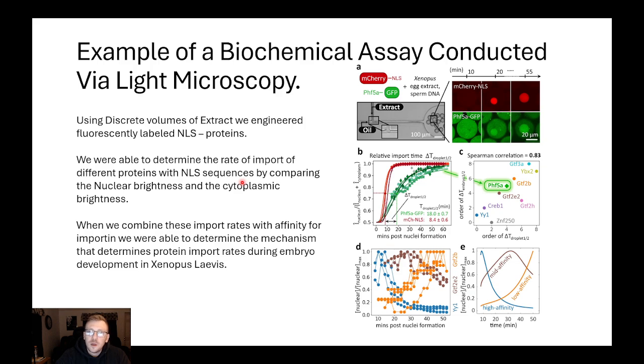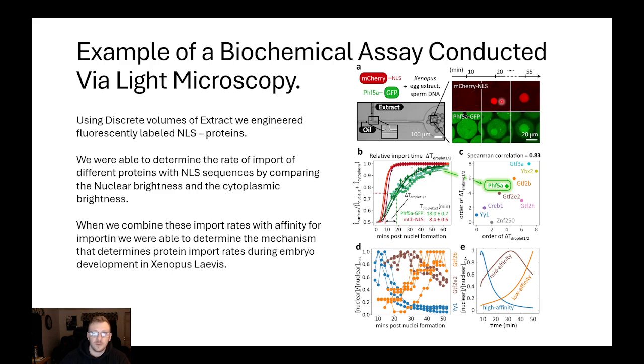And so we got these peptide fragments, we call the SV40 NLS, conjugated to an mCherry molecule. And then we threw that into Xenopus extract, and we encapsulated that inside of a droplet. And so you can see at the early time point, before we had a functional nucleus inside of this droplet, there was the diffuse signal of the NLS indicated that there was no localization of our peptide yet.